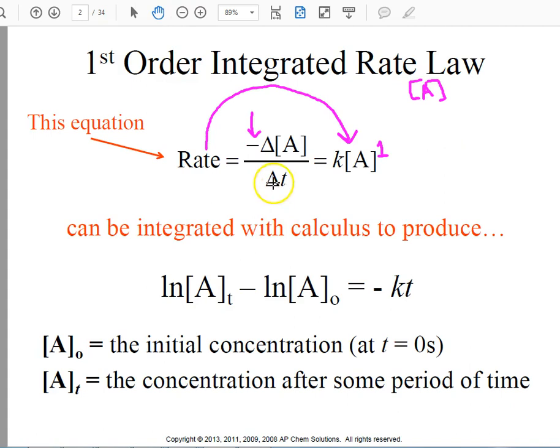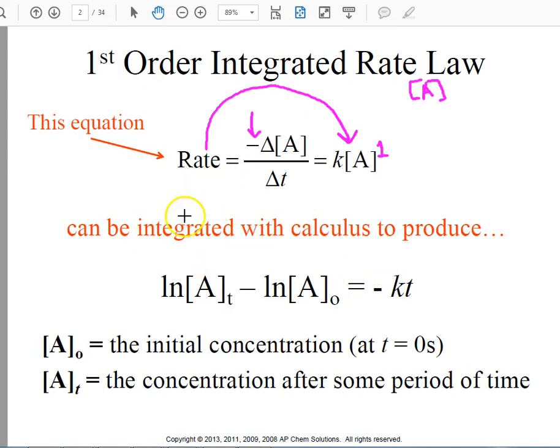So again, we know that rate equals the rate law, and we also know that the rate equals the change in concentration over time. Remember, in the beginning we talked about how these are just two different ways to view the same thing. So they're both equal to the rate.